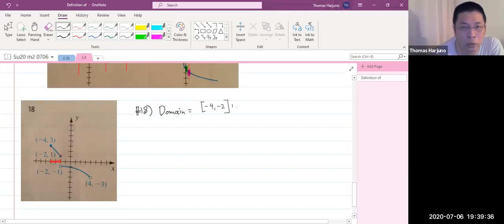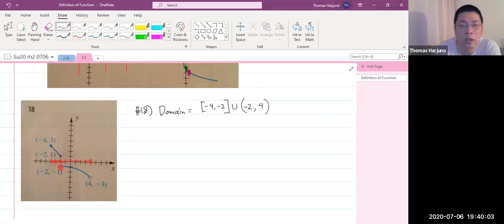And then union, I continue with this part here. This part here is an open circle, so it's from -2 up to 4, not including the endpoints.